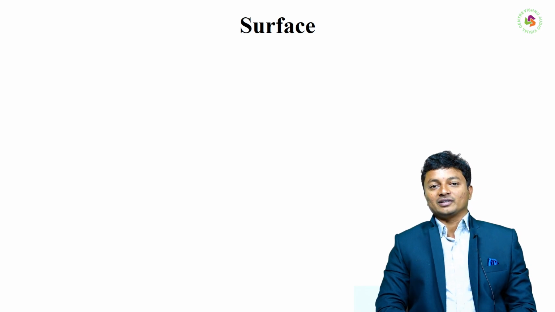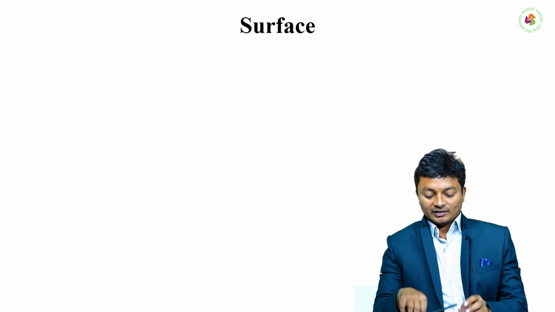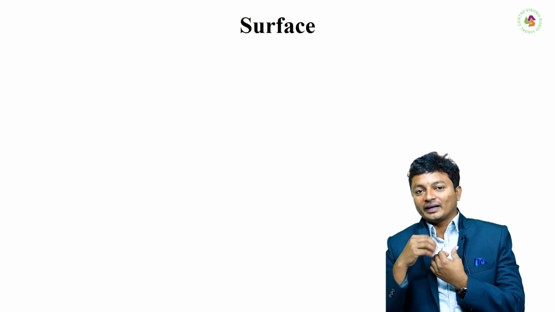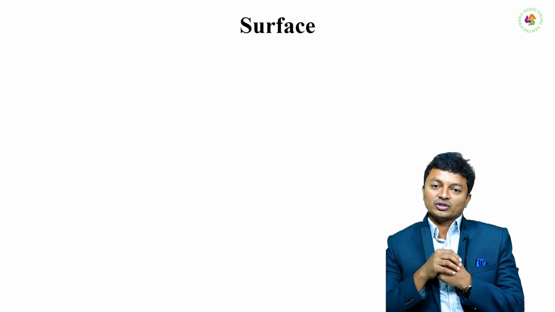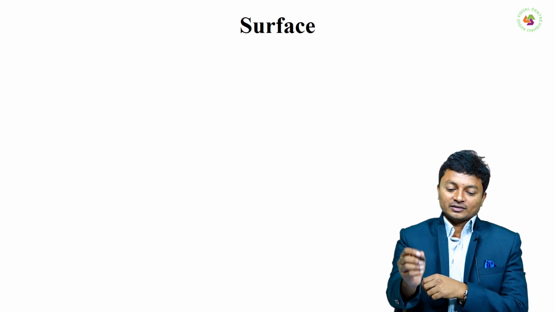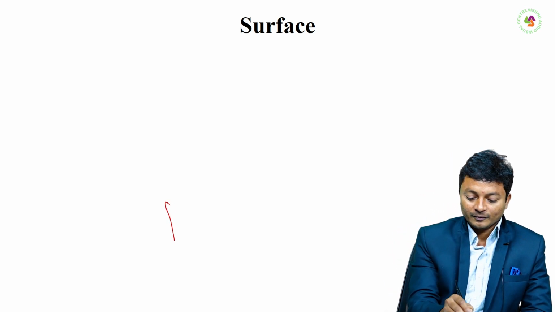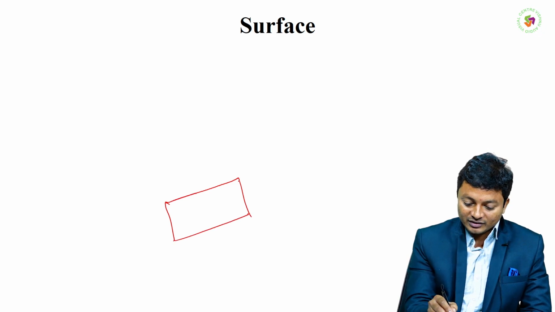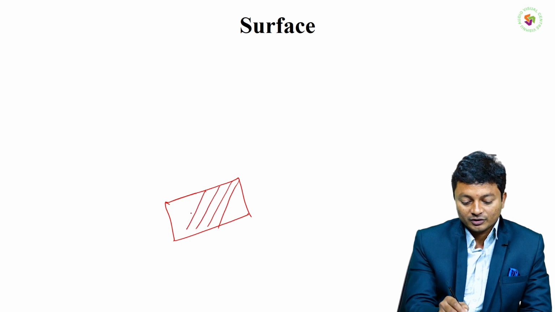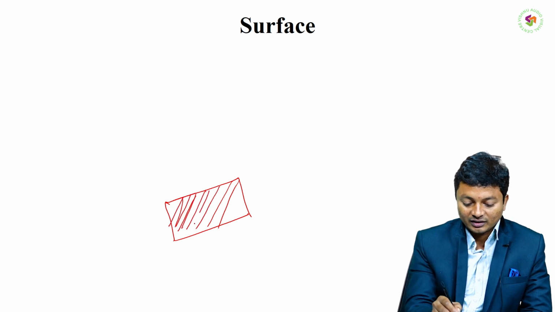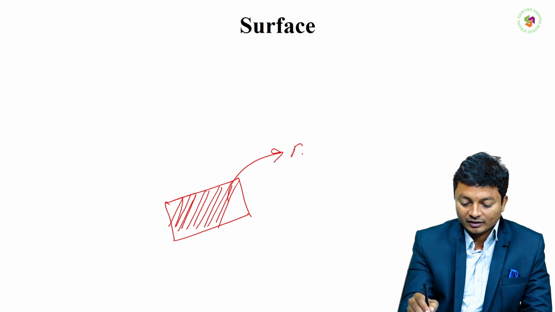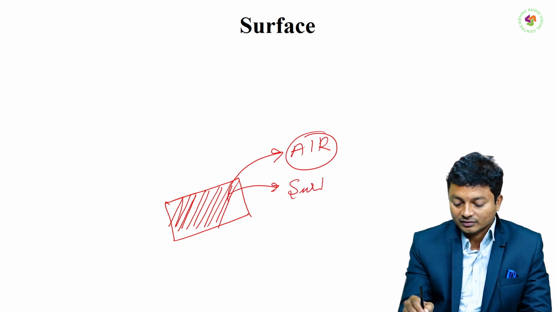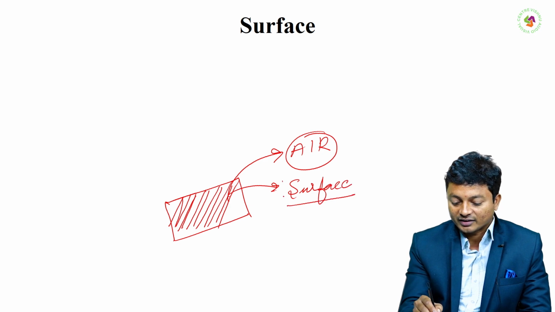Generally, the surface of any substance is the portion which is exposed to the air. Say, for example, if we take a substance, and this portion of the substance is directly exposed to air, this is known as the surface of the substance.